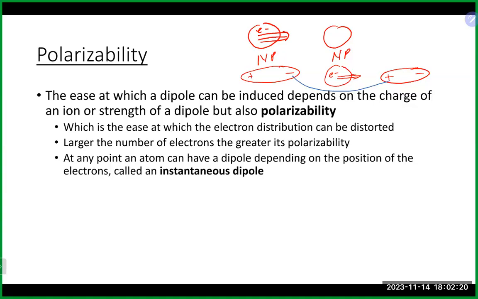So if you're comparing one nonpolar molecule with another, and you want to know which one might have the higher or lower boiling point, the one that has the greater molar mass would probably have the higher boiling point because it has a lot more electrons. The only way you could have a greater molar mass is to have more atoms. More atoms means more electrons, and more electrons means there's a greater chance of those electrons moving around from one side to the next.